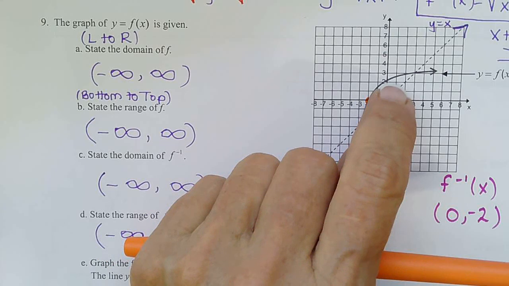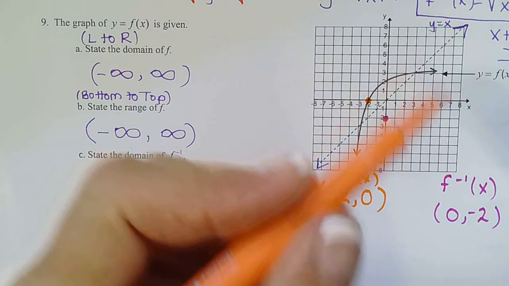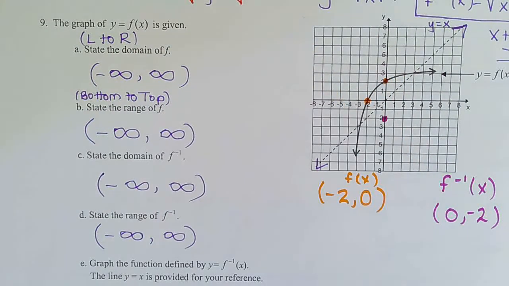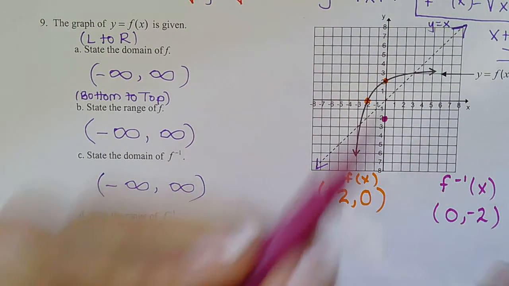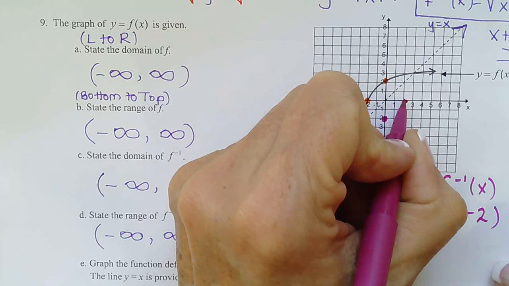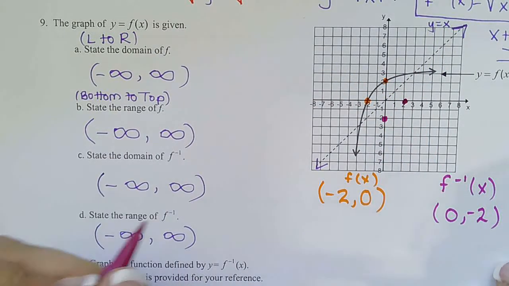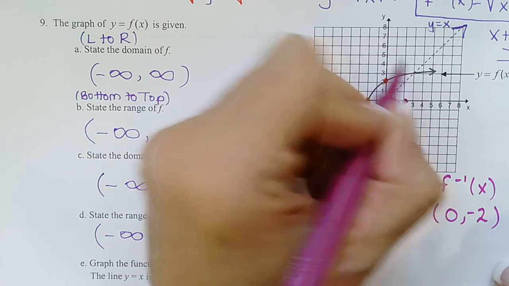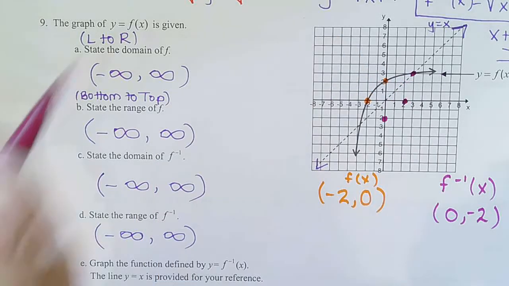This looks like about 0, 2, so it's a little above, so we'll go a little past it. 0, a little bit bigger than 2, so that means a little bit bigger than 2, 0. And here's a point 3, 3. So when you switch the coordinates, it's still 3, 3.